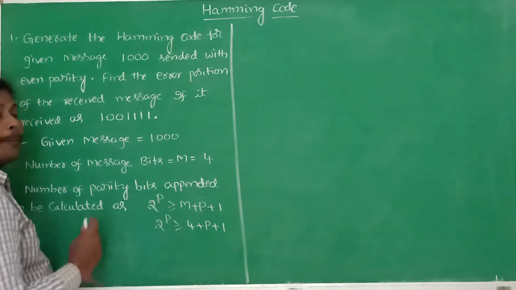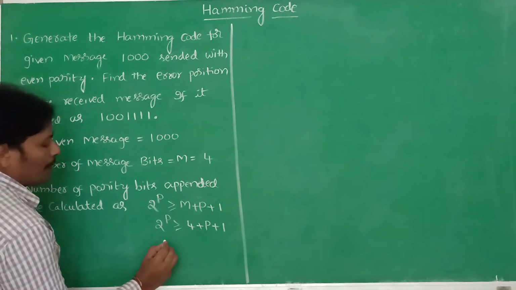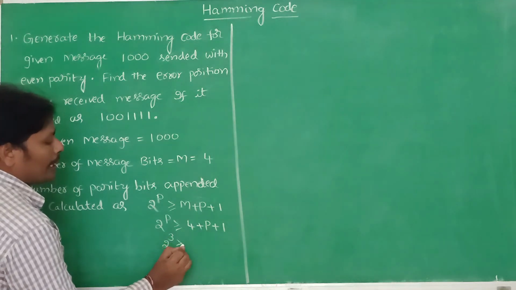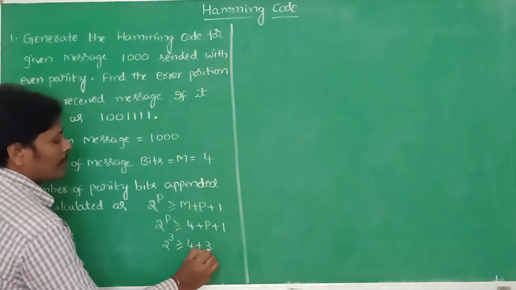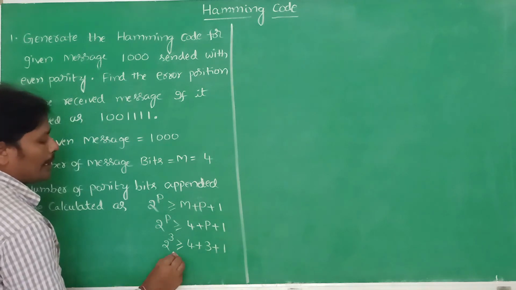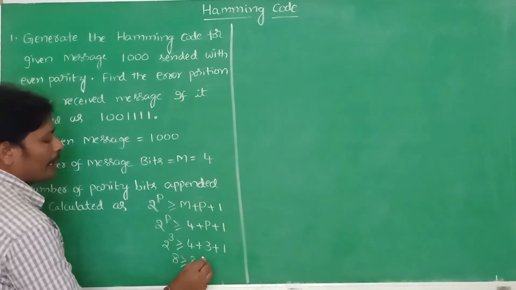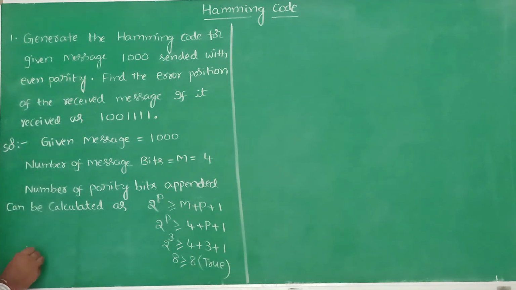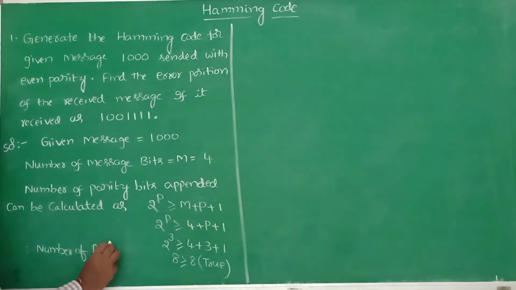Now I am taking the p value as 3. So 2 power 3 greater than or equal to 4 plus 3 plus 1. That is 8 greater than or equal to 8. Condition true. Therefore, the number of parity bits is equal to 3.